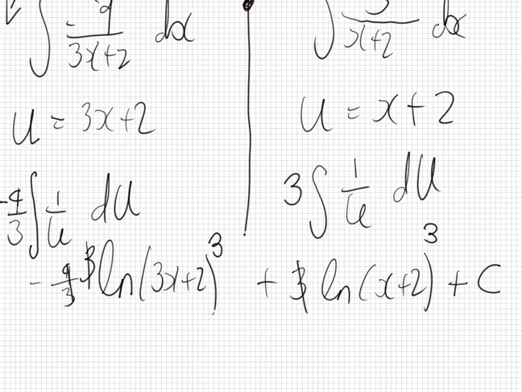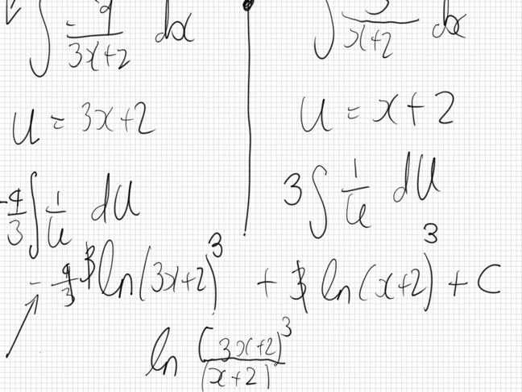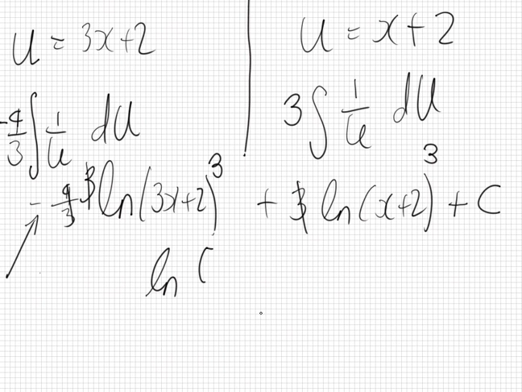And then what happens when I subtract logs? Divide. This is the second rule of logs from semester 1. So you get log of 3x plus 2 cubed over x plus 2, do I have that backwards? I do actually, sorry. X plus 2 cubed over 3x plus 2 cubed plus c. That's the answer.